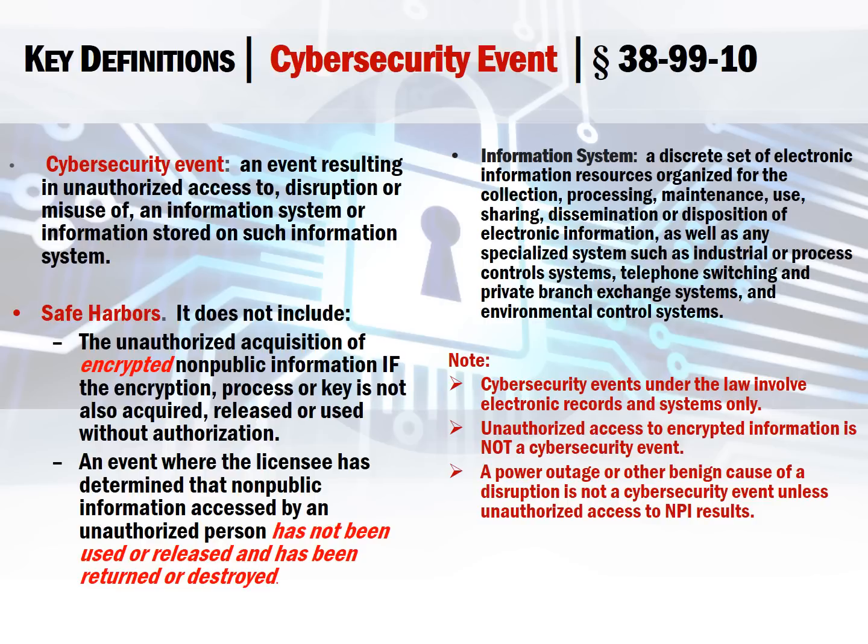So that's a very broad definition, but the law is going to establish some safe harbors. It does not include the loss of encrypted non-public information if you did not also lose the encryption key.